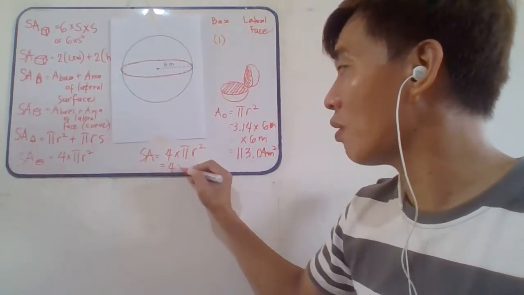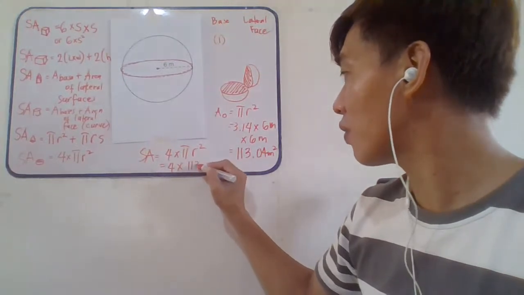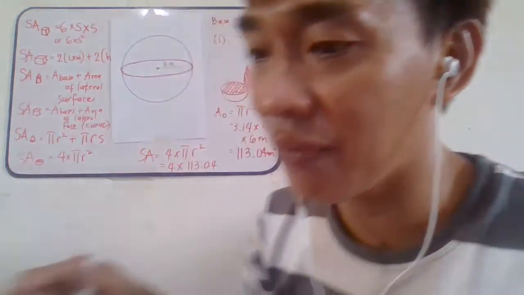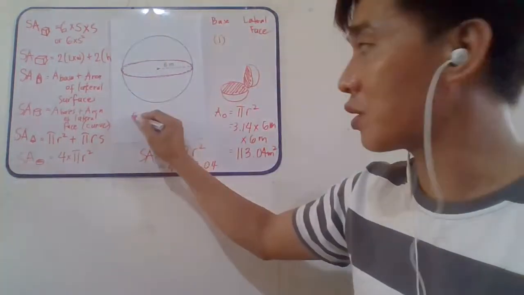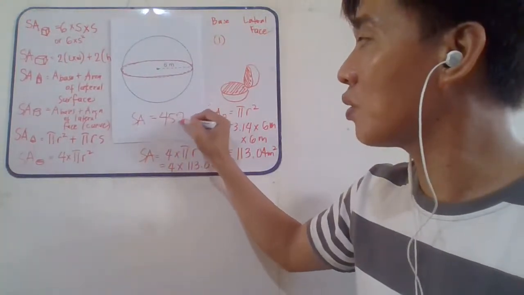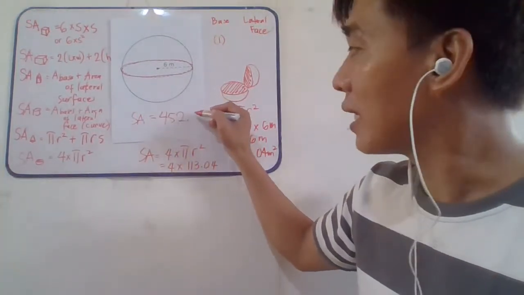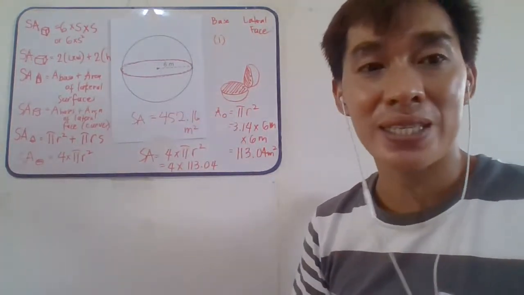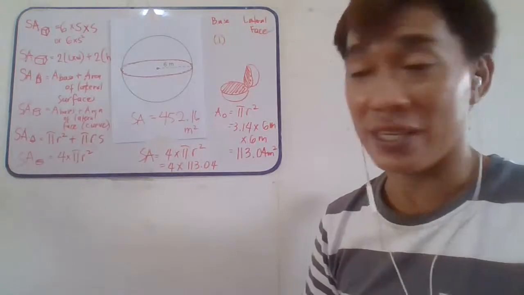So that is 4 times 113.04, which will give us a total surface area of 452.16 meters squared. That's the surface area of that figure.